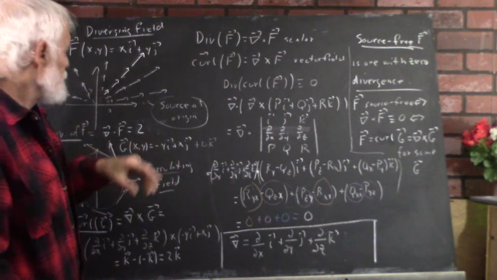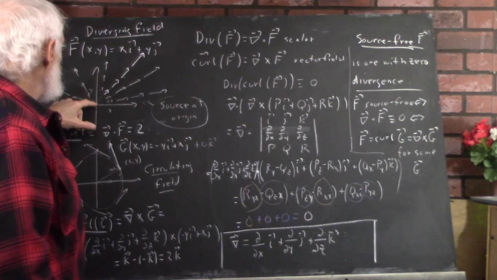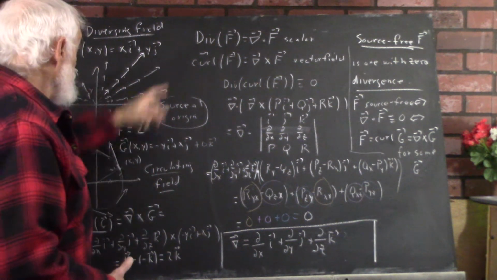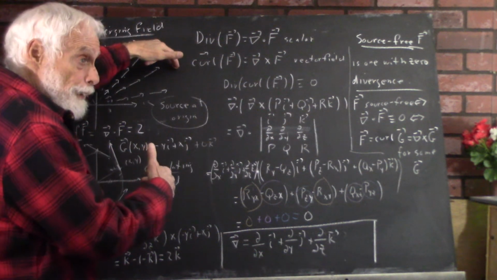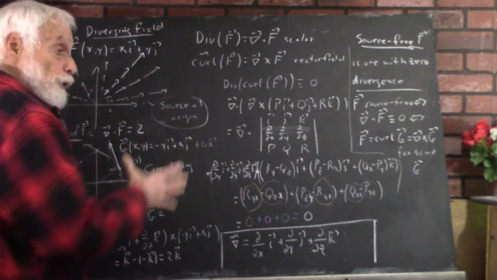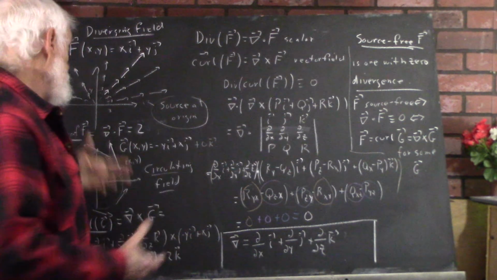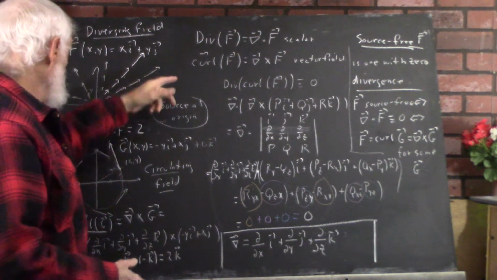So just to riff a little bit on that, if I have a mass here, then I'd have a diverging field toward that mass. If I got another mass out here, I'd have a diverging field toward that mass. And then I'd have to combine the 2 diverging fields to get the total field of a function that represents the gravitational field of the 2 masses.